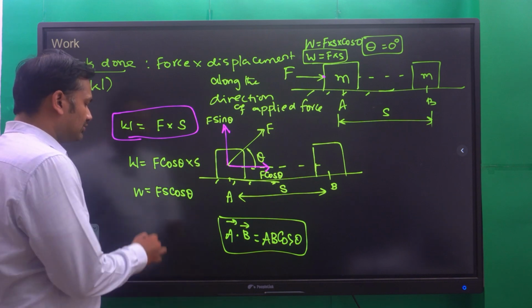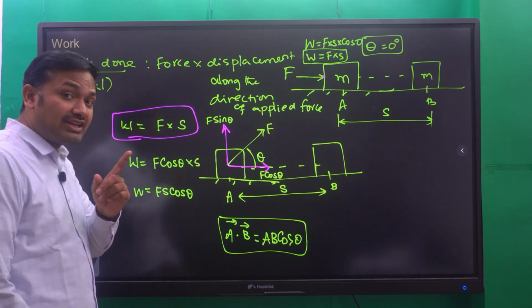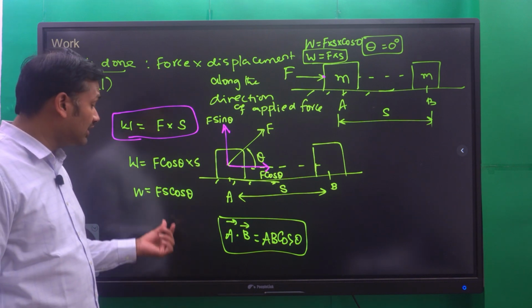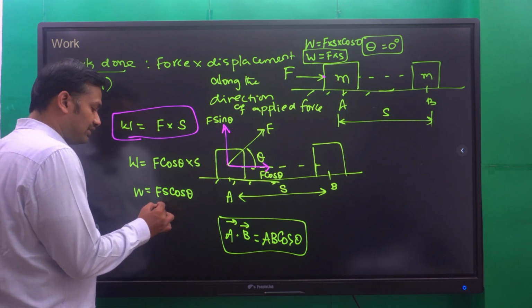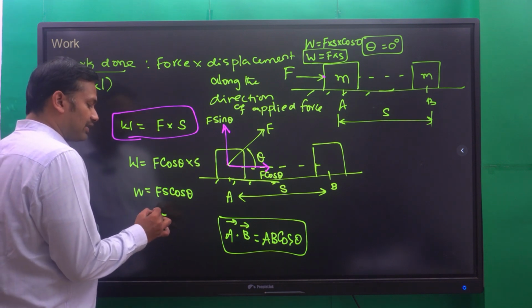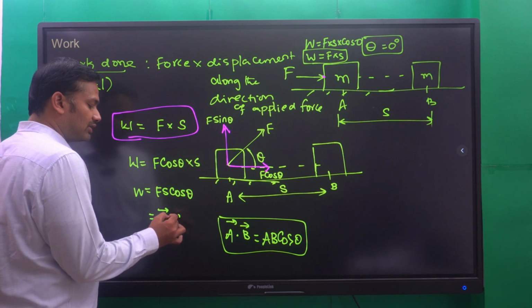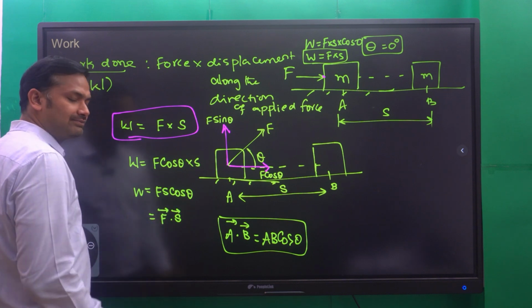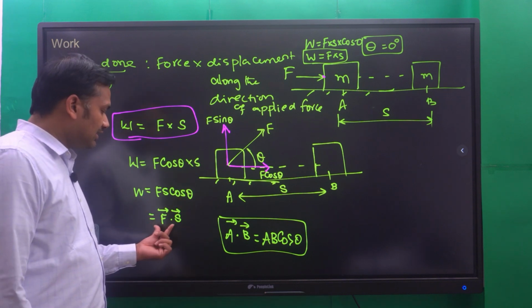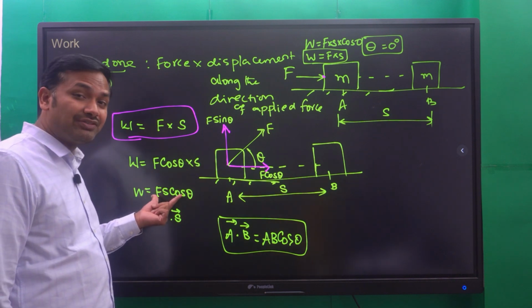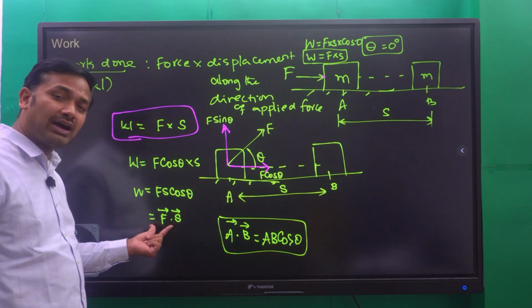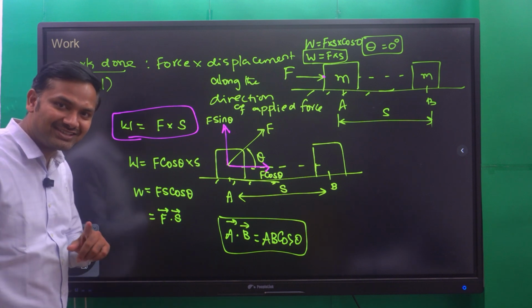Force is a vector quantity, displacement is also a vector quantity. Here the product of the two vectors is there. So we can write it as vector F bar dot S bar. We can write this Fs cos theta in terms of F bar dot S bar. Why?